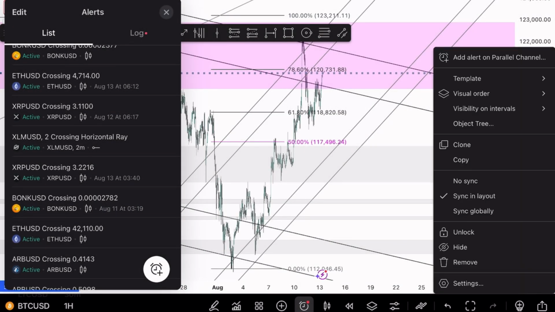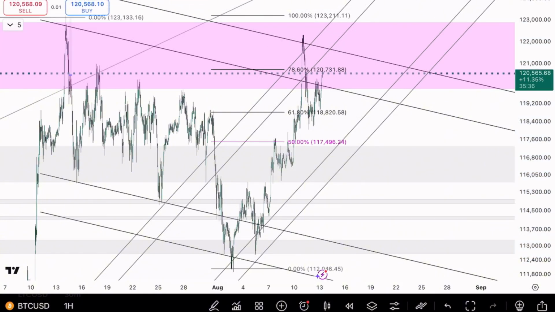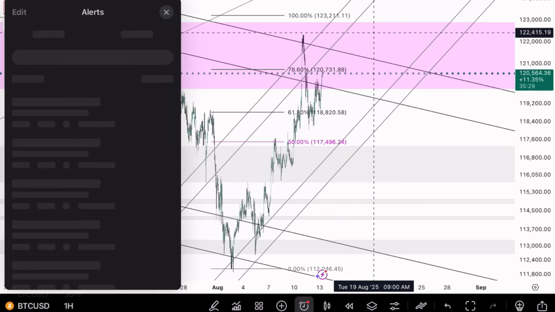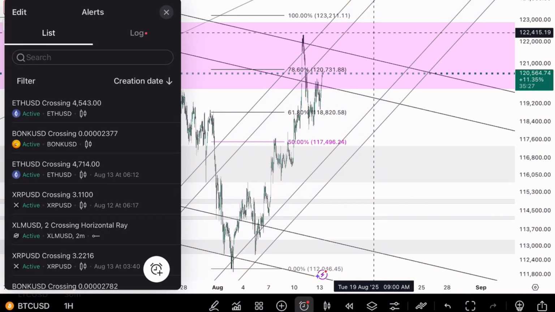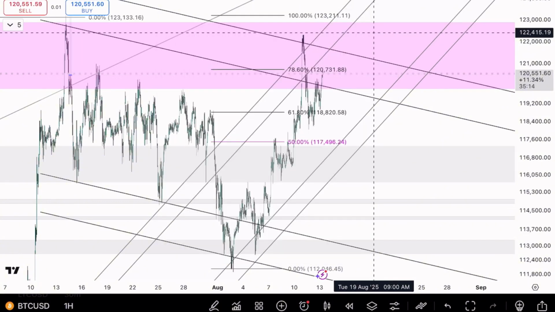All right, so I'll move it to above this last peak to see if it's going higher, which is at 122,415, or I'll do 416.